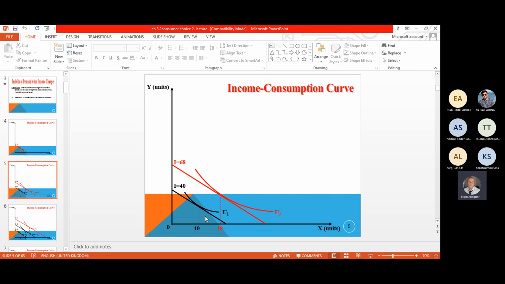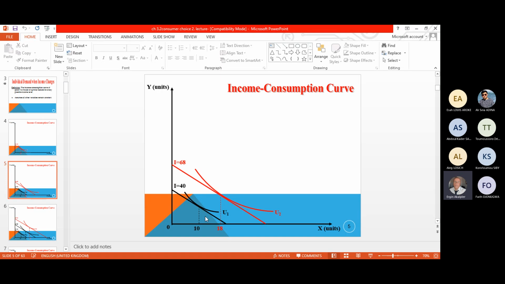The budget constraint comprises the price of good y multiplied by the units of y, plus the price of x multiplied by the units of x, which equals I, the income.